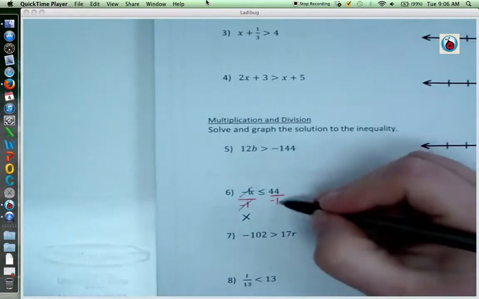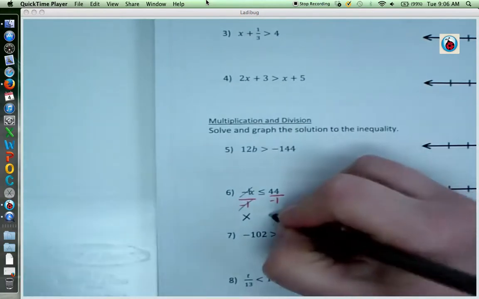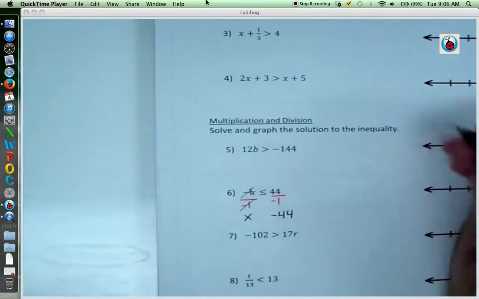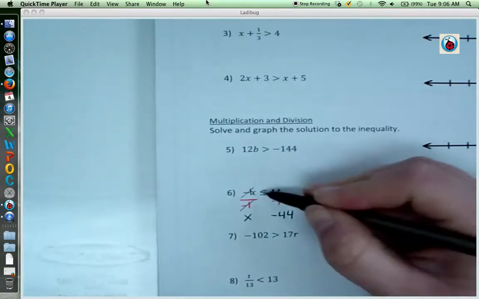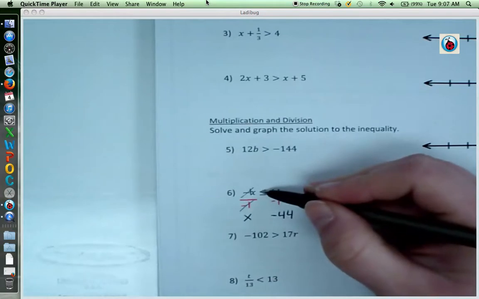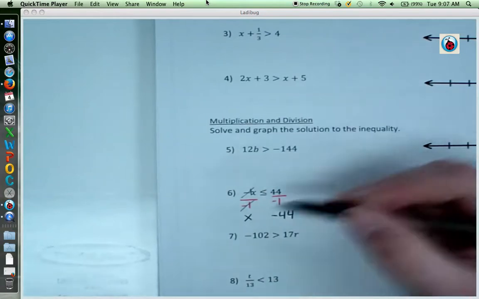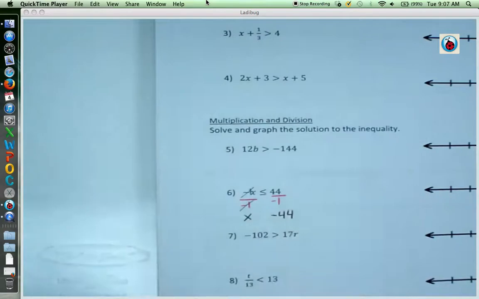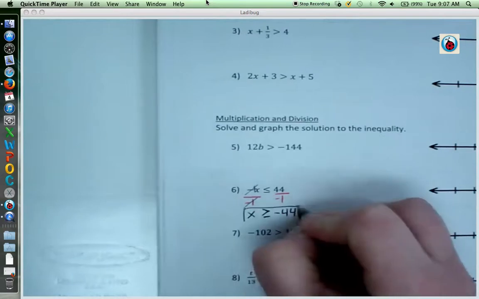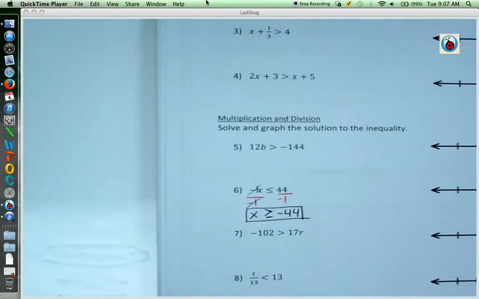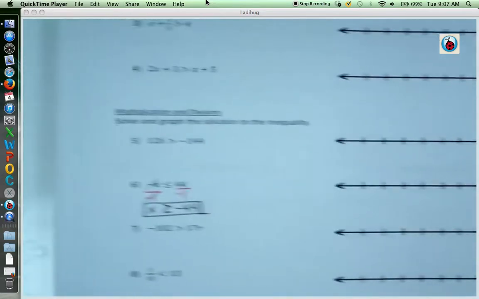On the right-hand side, 44 divided by -1 is -44. But because I divided by a negative number, this inequality symbol is no longer true. If I want to keep this inequality true, I'm going to have to switch the sign around. So I'm going to switch that to a greater than or equal to sign. And there's my answer, which you will then go ahead and graph on the number line.